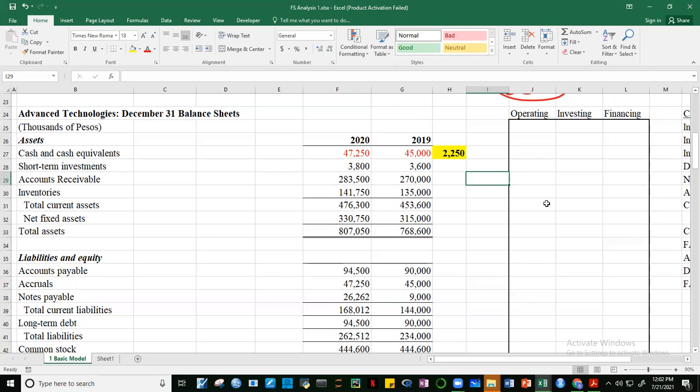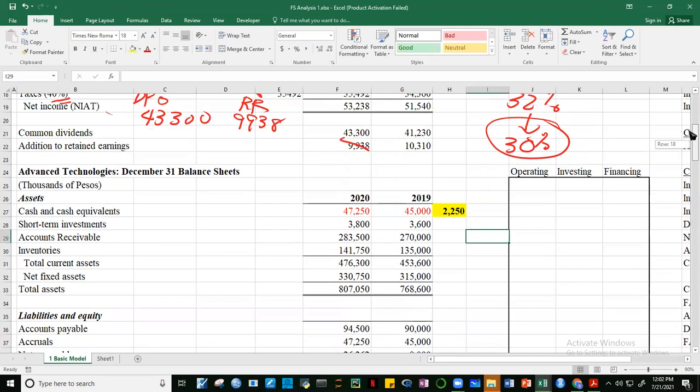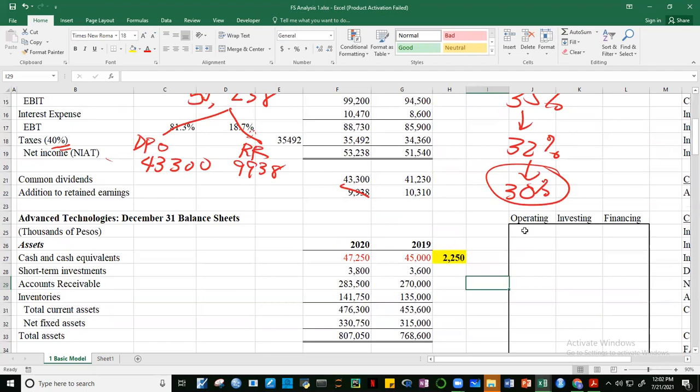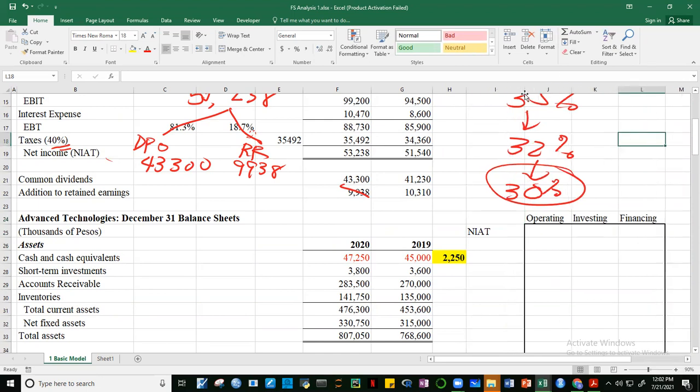Okay, so let's start. No? Let's start. So where do we start with? We start with the net income after tax. No? NIAT. So si net income after tax, saan papasok yan? Will it be under operating, investing, or financing? Okay, thank you. Elijah, Ingrid, and Sophia. You're correct, no?